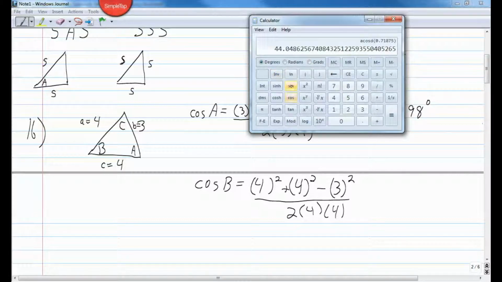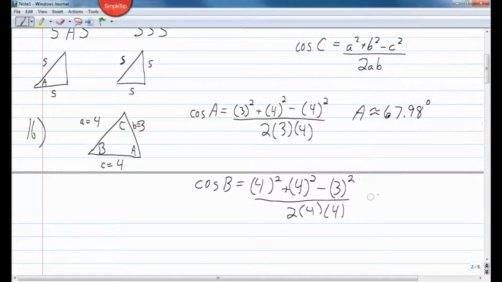Inverse cosine or second cosine. If I round that to 2 places, that's 44.05. B is about 44.05 degrees.